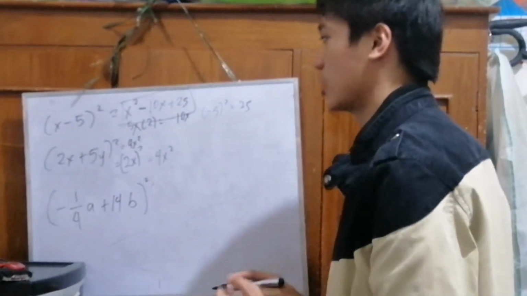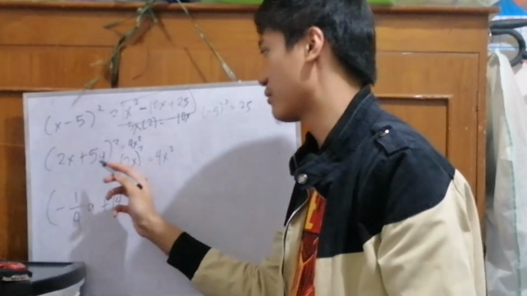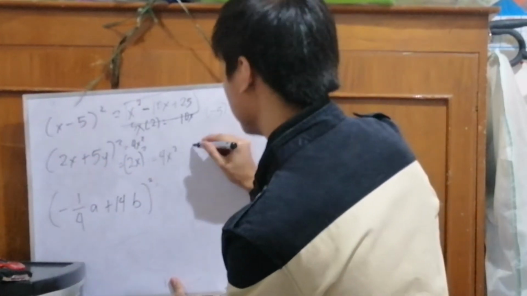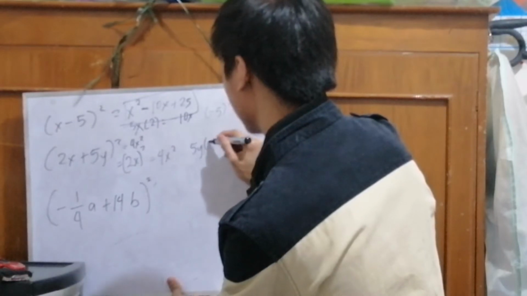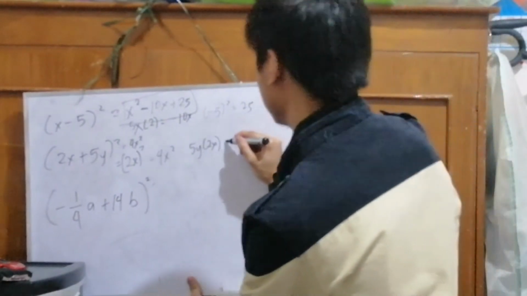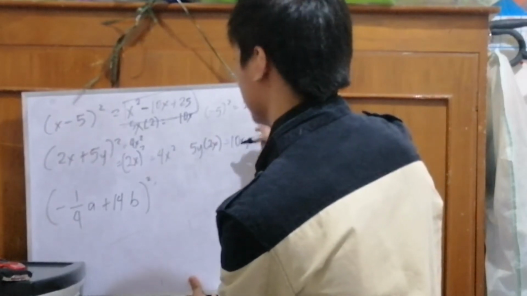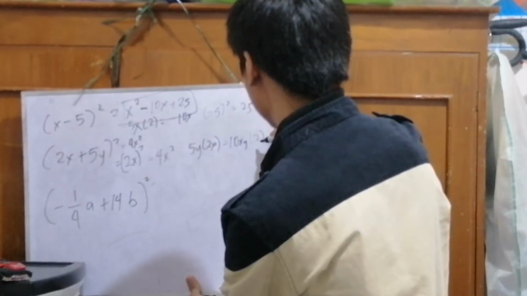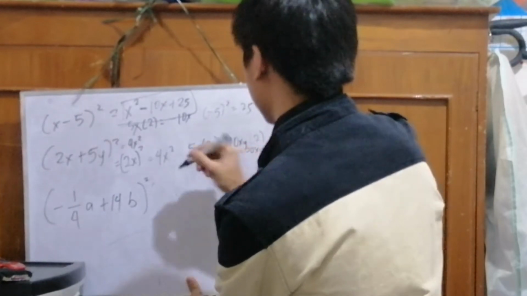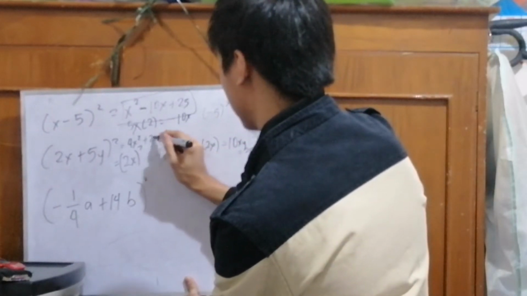And then we are going to multiply 5y to 2x. 5 times 2 is equal to 10xy. And then we just multiply to 2, that will give us an answer of 20xy. Alright, we add it here.